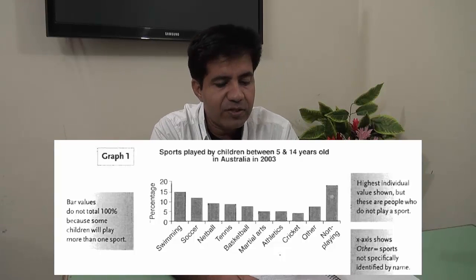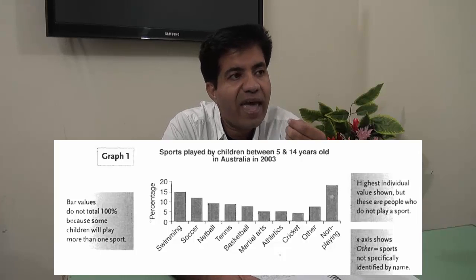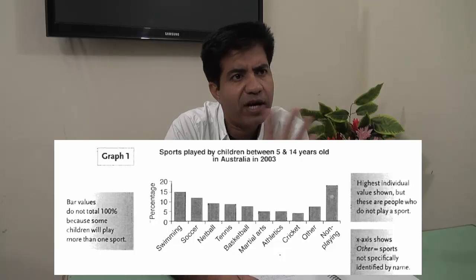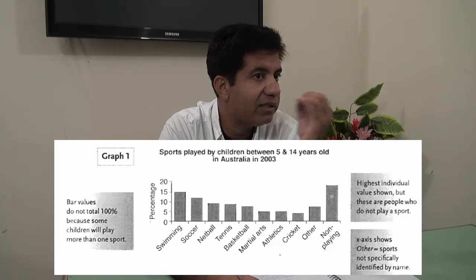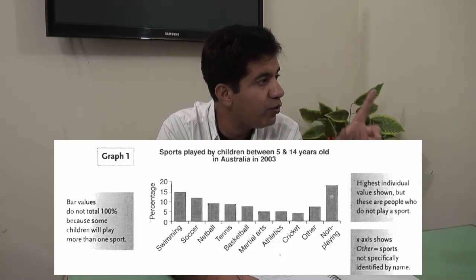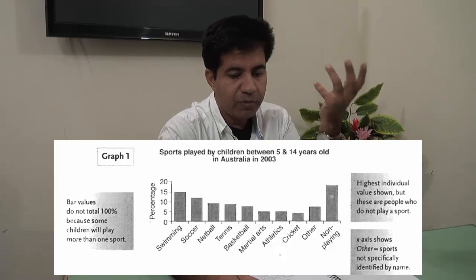Now when it is written others, you don't know what it is, so don't try to give any opinion. Don't try to write other games, other sports, just write other as it is. If you write other games, other sports, it means you are adding something. In report writing, do not add anything from your own mind or from your own opinion.